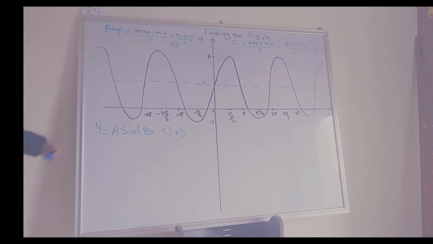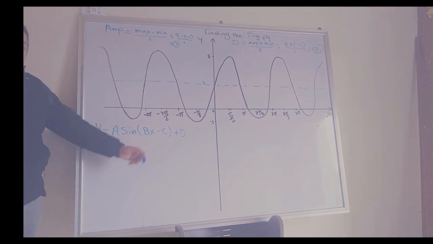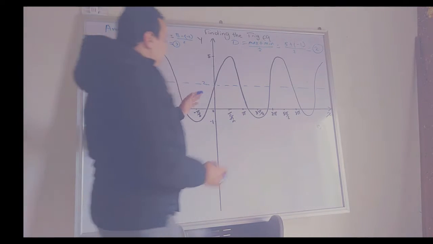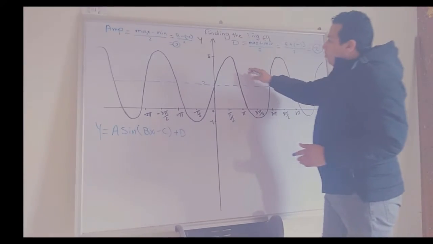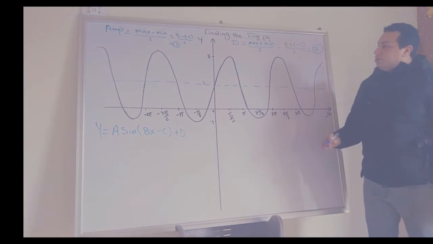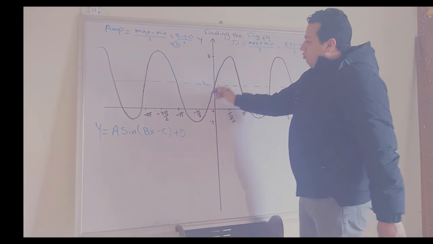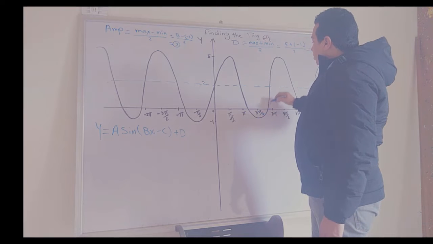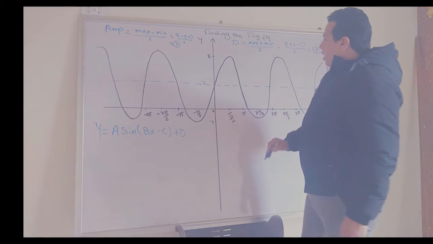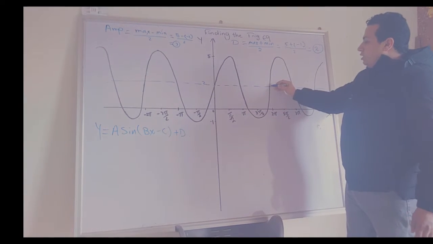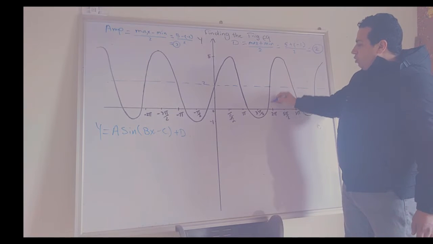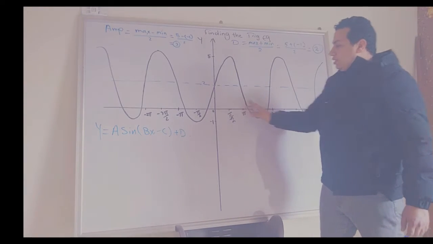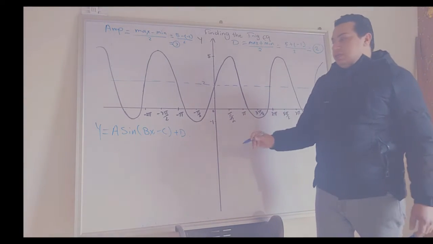Perfect. Actually, to find out b, we must find out the period of this curve, and the period is the distance that the curve covers before starting a new period. If you are going to use the sine formula, then this is the curve we must use. Here we have a full cycle, from 0 to 2 pi, so the length of our period here is 2 pi.